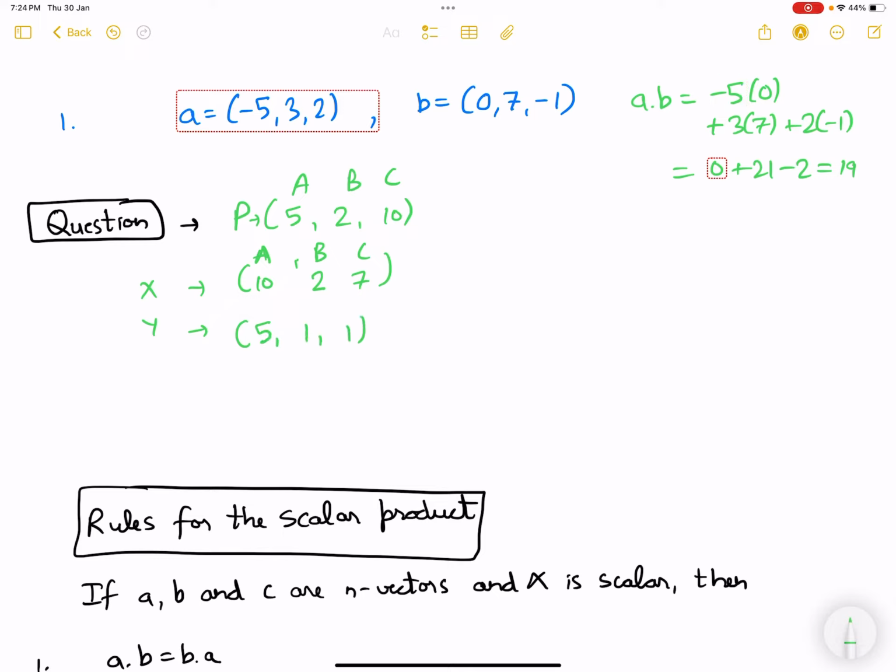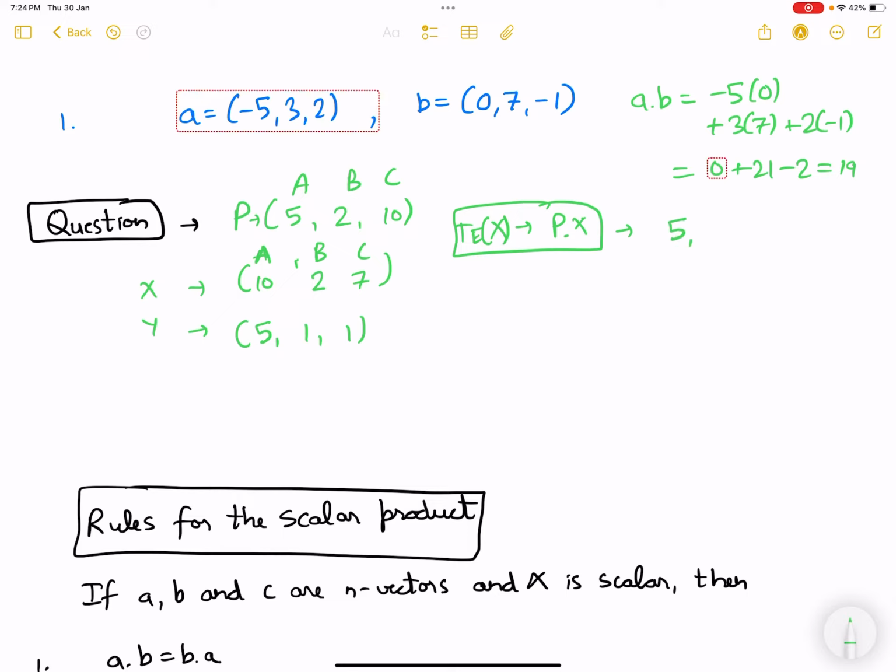Now we are supposed to see what would be the expenditure for X. The total expenditure of X would be the price into the quantity, which we can find with the help of the dot product.